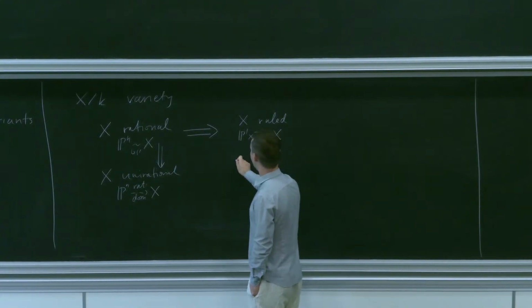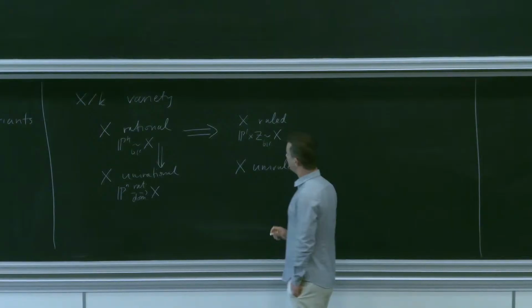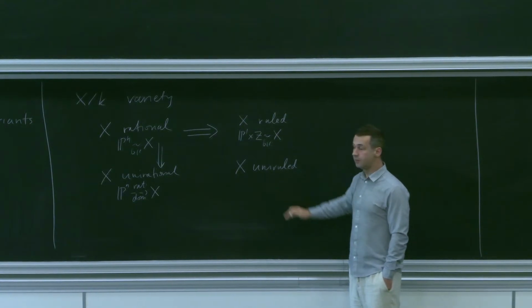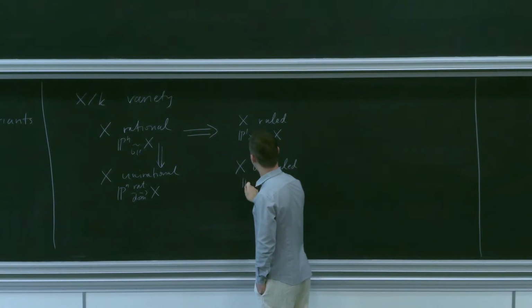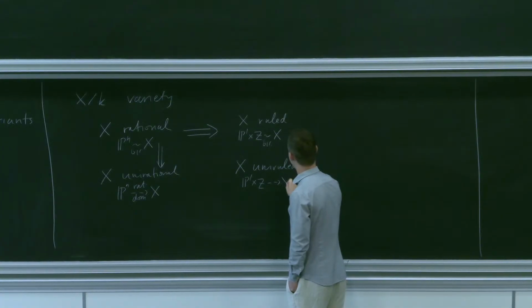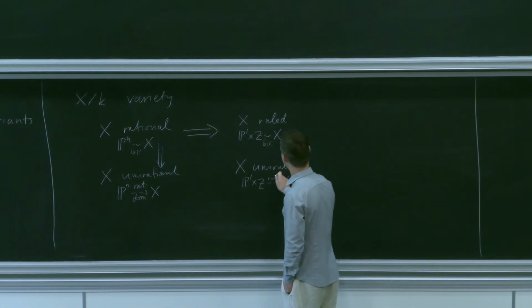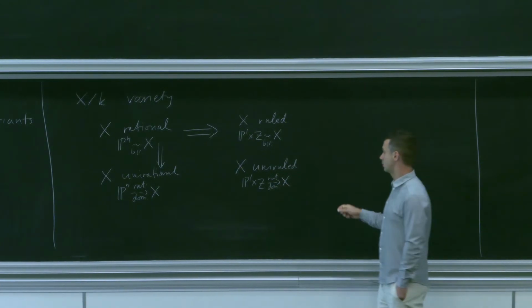Similarly here we can weaken this to uniruled. Uniruled is a standard thing in the MMP. We literally do the same kind of weakening: P1 times Z dominating X, so a rational dominant map. Another way to say this is that X is covered by rational curves.